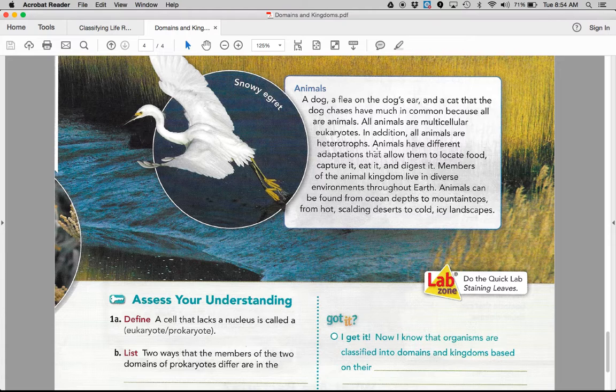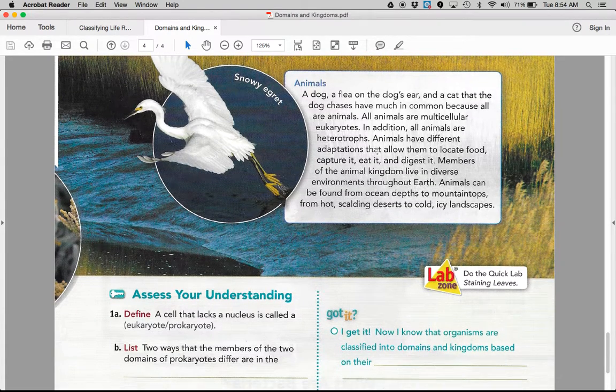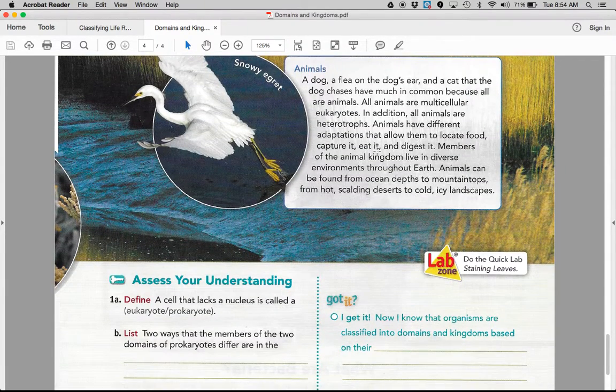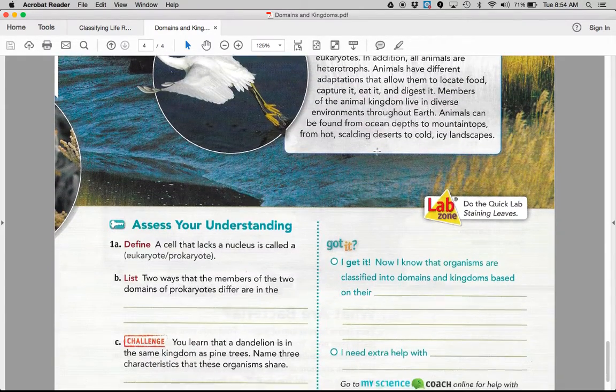Animals have different adaptations that allow them to locate food, capture it, eat it, and digest it. Members of the animal kingdom live in diverse environments throughout Earth. Animals can be found from the ocean depths to the mountaintops, from hot, scalding deserts to cold, icy landscapes.